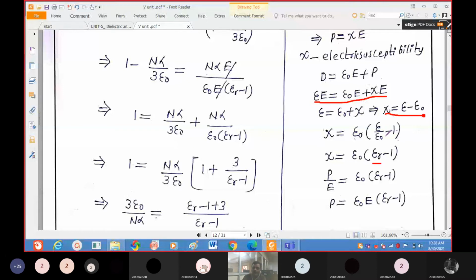The permittivity of free space, meaning vacuum or air, is epsilon naught. What are the units of permittivity? Farad per meter. Yesterday I also told you another unit, coulomb squared per Newton meter squared. That is another unit.